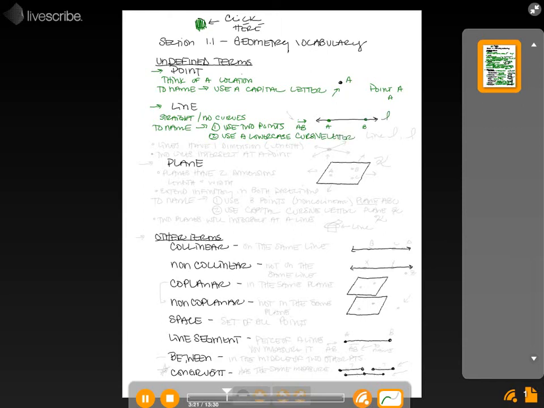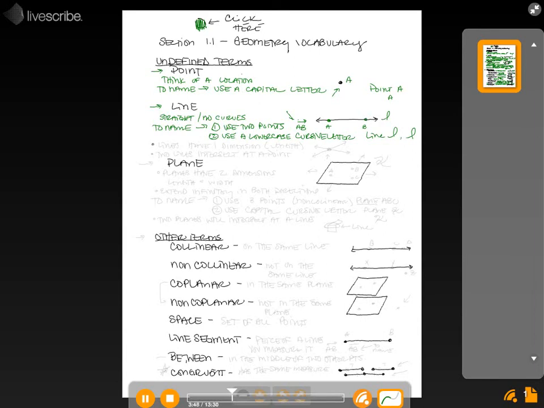Usually they have L. Okay, so you can have line AB like that, or we can say line L, or just the cursive L. Now you can use any letter you want as long as it's lowercase and it's cursive, if that's how you want to name it. If you want to name it with the 2 points, you need to make sure that there are at least 2 points on the line. You can pick any two as long as they're on the line, and you put the line above them.